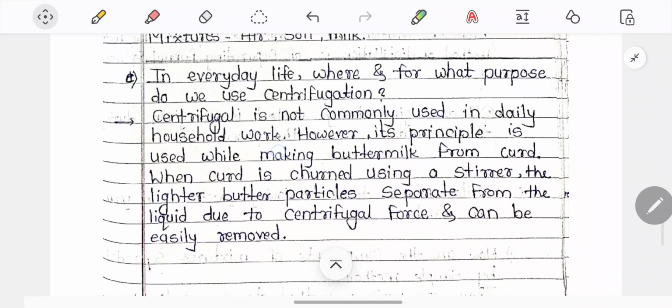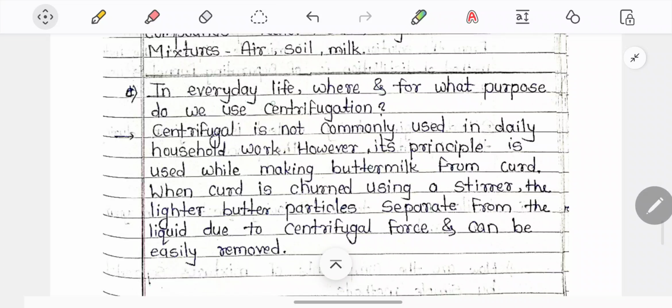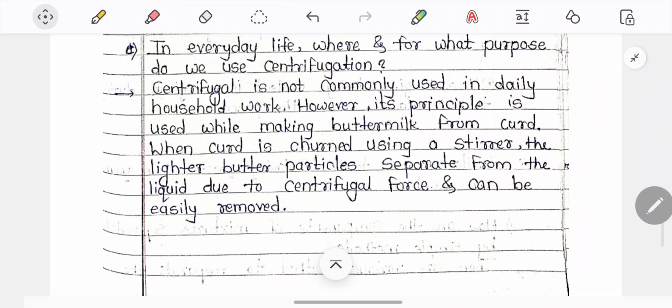Now question D: in everyday life, where and for what purpose do we use centrifugation? Centrifugation is not commonly used in daily household work. However, its principle is used while making buttermilk.